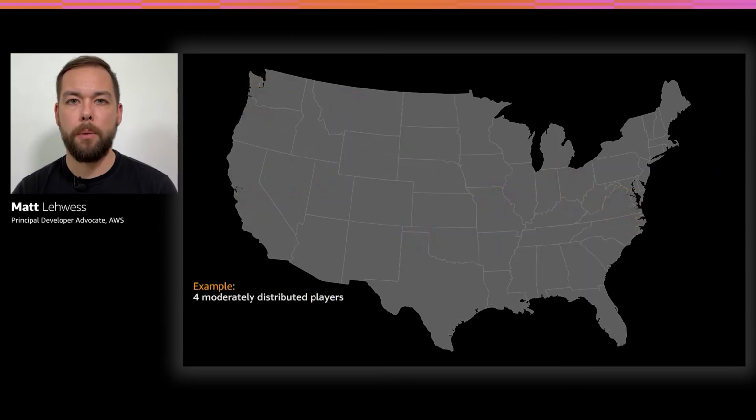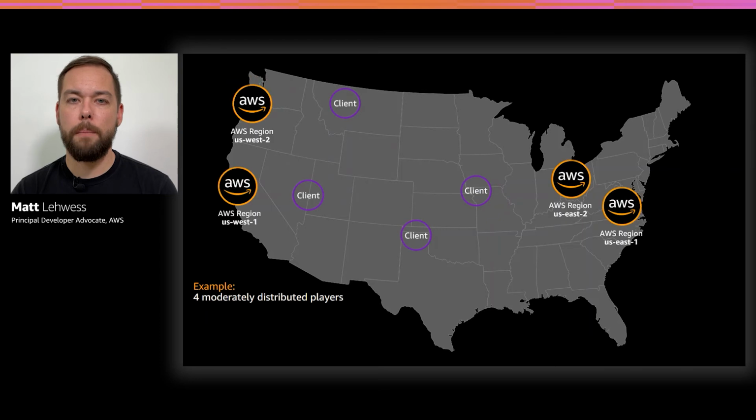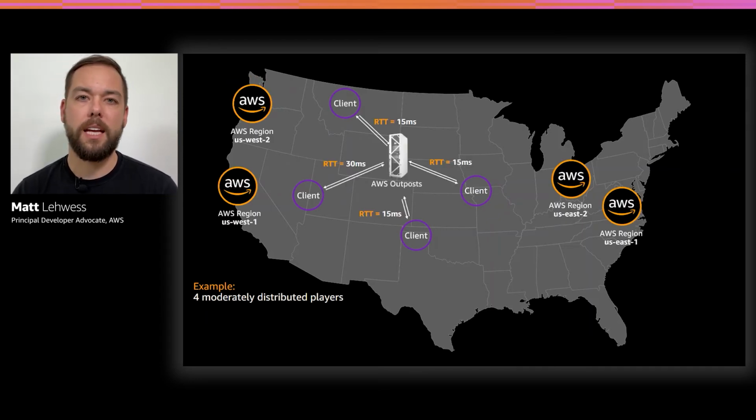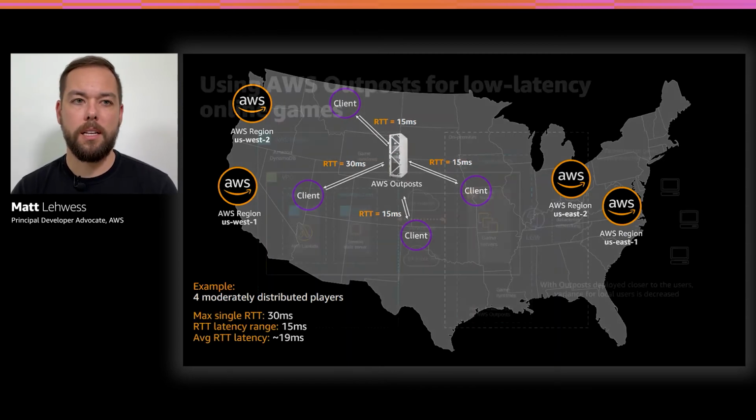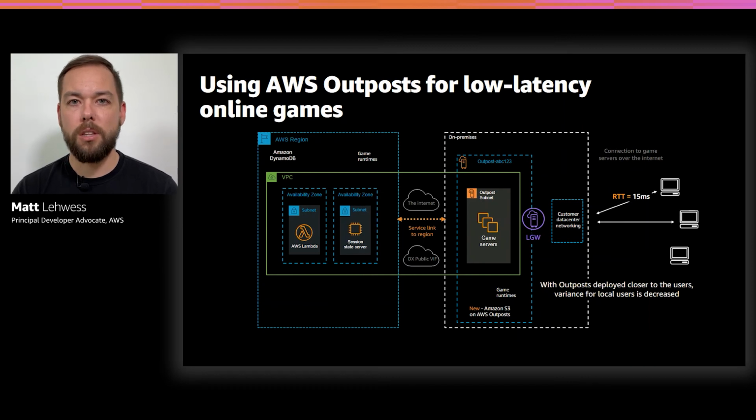So what we can do with the outpost is deploy an outpost here in the center of this geographic area. And now the clients are connecting to the outpost, and they have a lot more consistent latency across the users themselves. So they're all within that closer geographic region. And so if we look at what the architecture looks like here, we've essentially got the outpost.